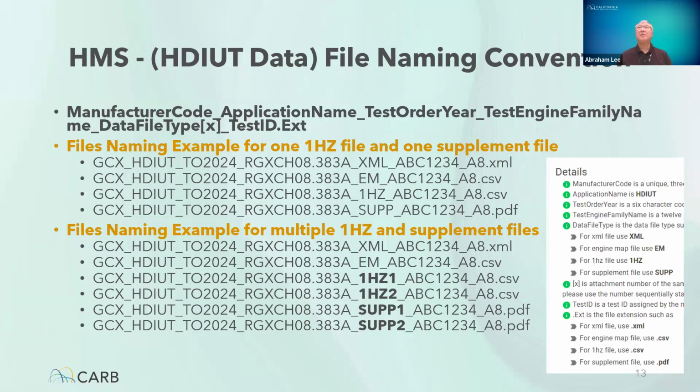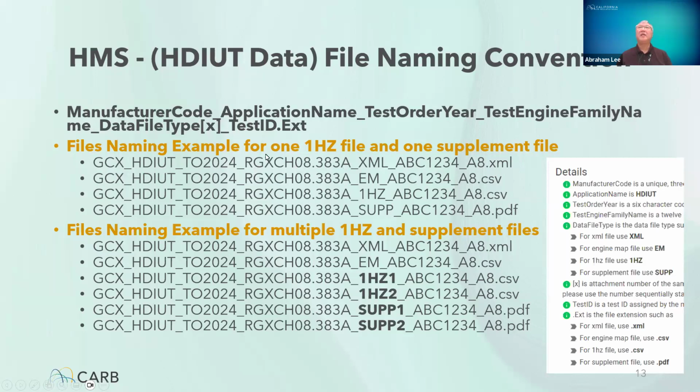The next thing is the application name, in this case HDIUT. Next is the test order year, as in the example, test order abbreviated as TO and 2024. Next is the test engine family name, which is also artificial here, but whatever engine family you tested should be there.